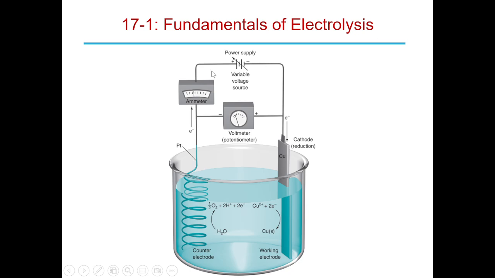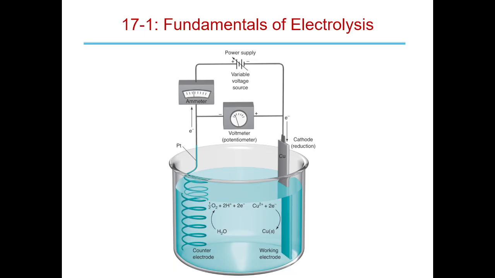Note here, this setup is kind of interesting. This is a voltmeter, a potentiometer. This will tell you what your voltage is. And then up here we have an ammeter, which is an amp meter essentially. Okay, this is a terrible habit. I would prefer you guys not to learn it from me, but please know I will call these amp meters. It's not the right name. It's not a good way to do things.